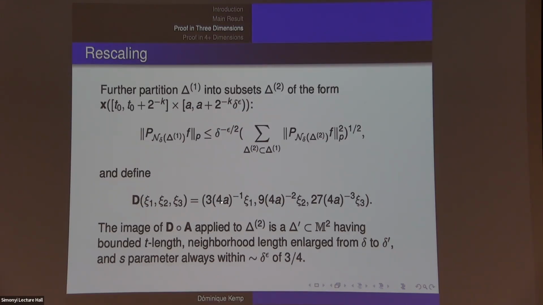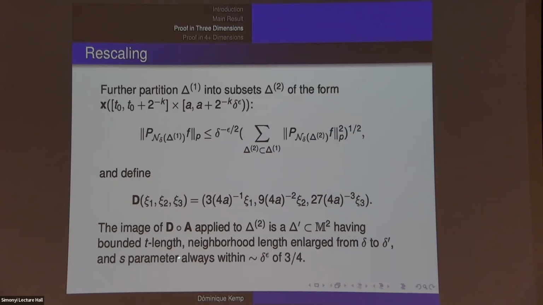We take the same A that shows up here, and we apply this particular rescaling of each component, and the image will be in the same moment surface, and everything is nice about the T length. You do have to keep track of how the neighborhood length has changed from delta to some delta prime, but that's fine. You're not changing the overall context. You just need to keep track of what delta prime is for when we arrive at the end of our strategy here.